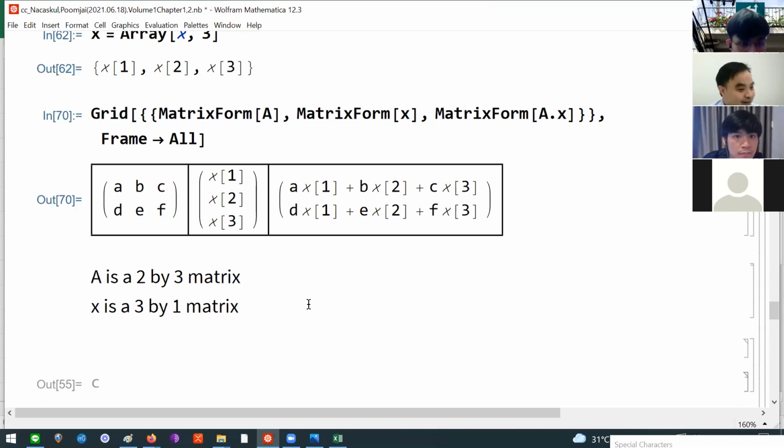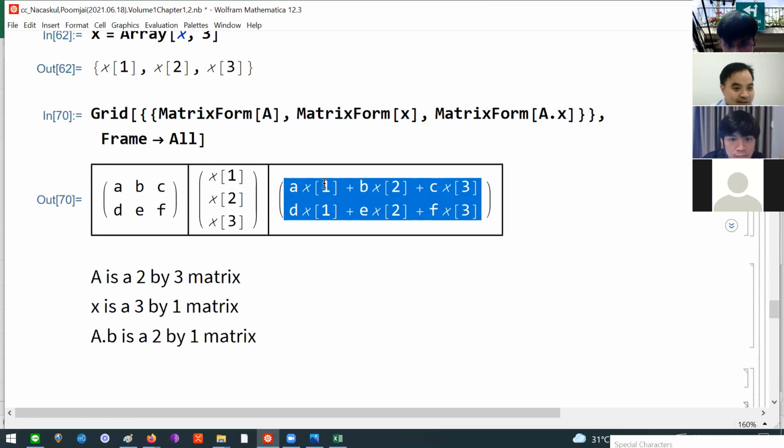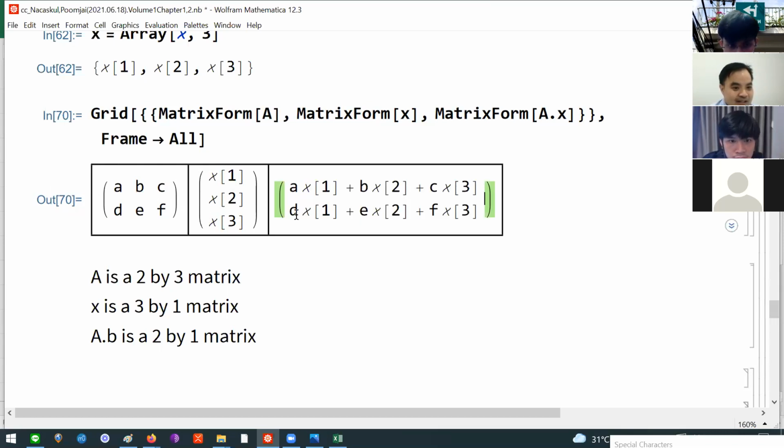Because it has 3 rows and 1 column. And then A dot X is a 2 by 1 matrix or vector. You can do this dot product one row at a time, and you get 2 numbers. This is all one number here. The top line is one number. The bottom line is another number, right?